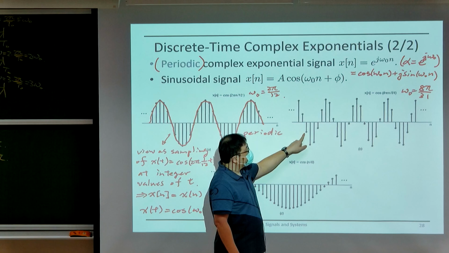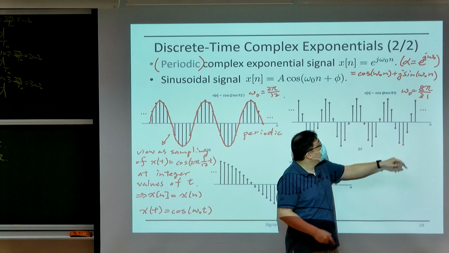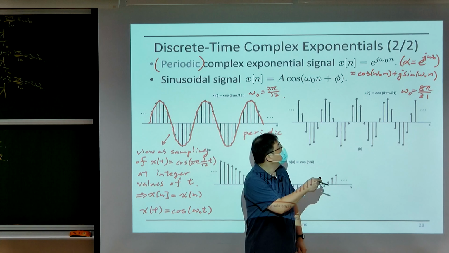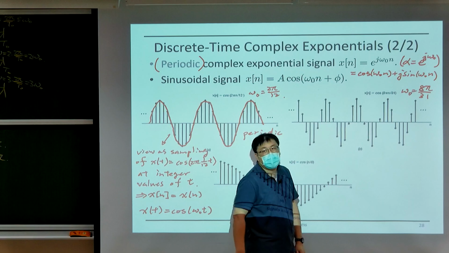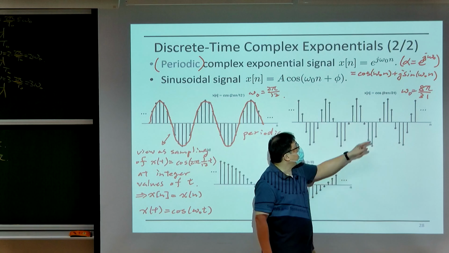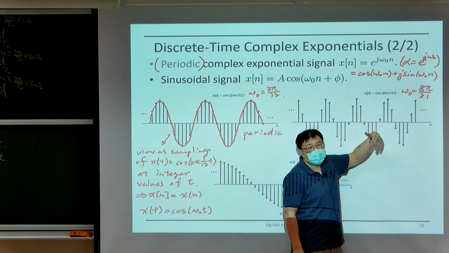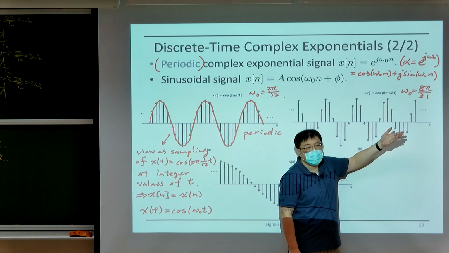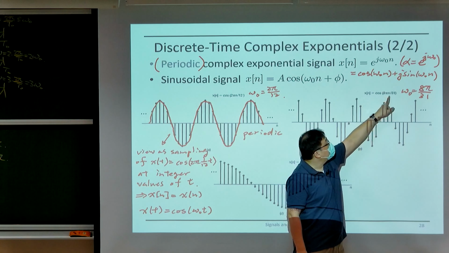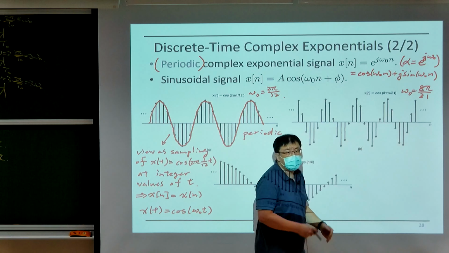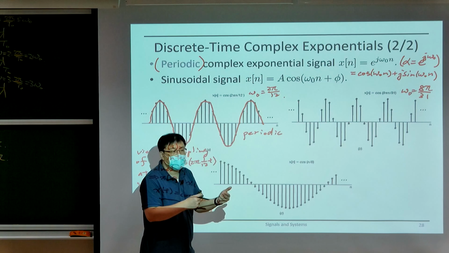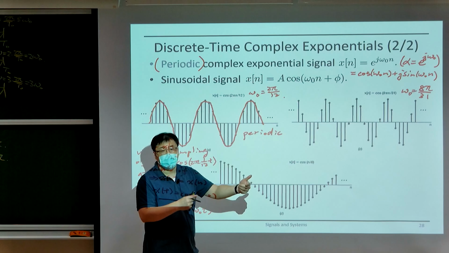But actually, if you take 31 samples, if you take n equal to 31, you will see that we get cosine 8 pi, which is equal to cosine 0. So after 31 samples, we do return back to the same point, and then we start over again.